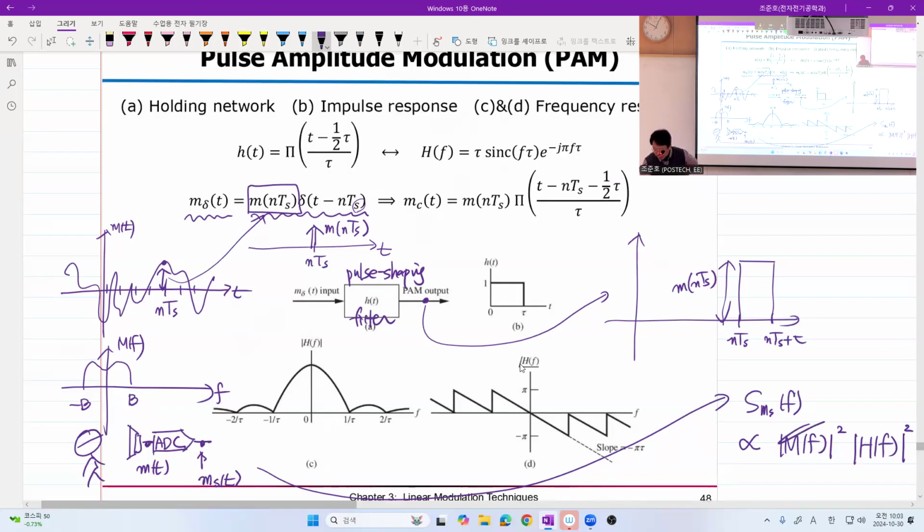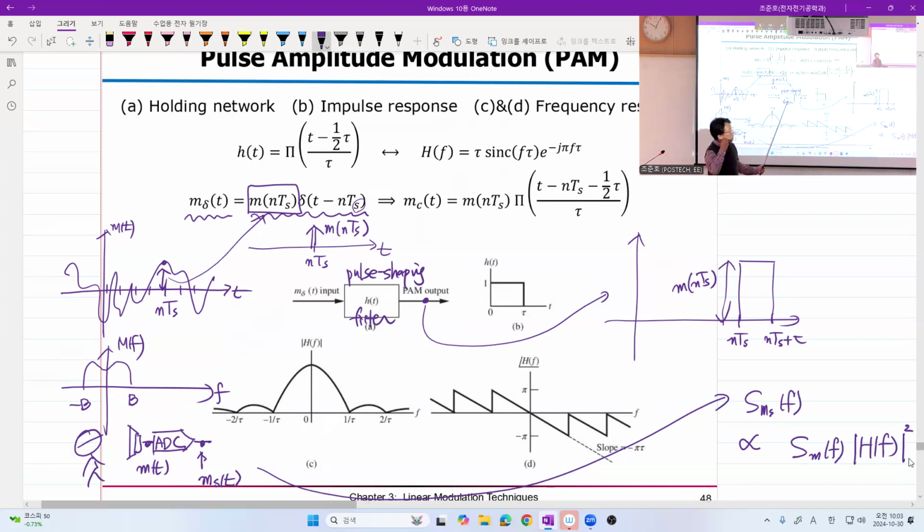Let me just use power spectrum. And you need to scale it. So it's a product of the power spectrum of your message and the energy spectral density of your shaping filter.